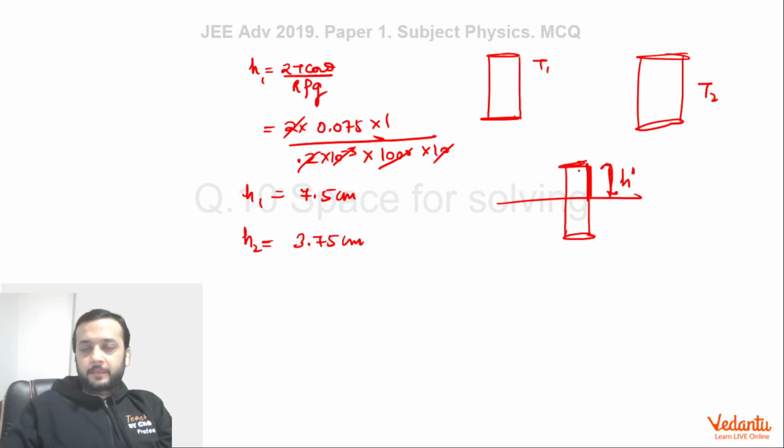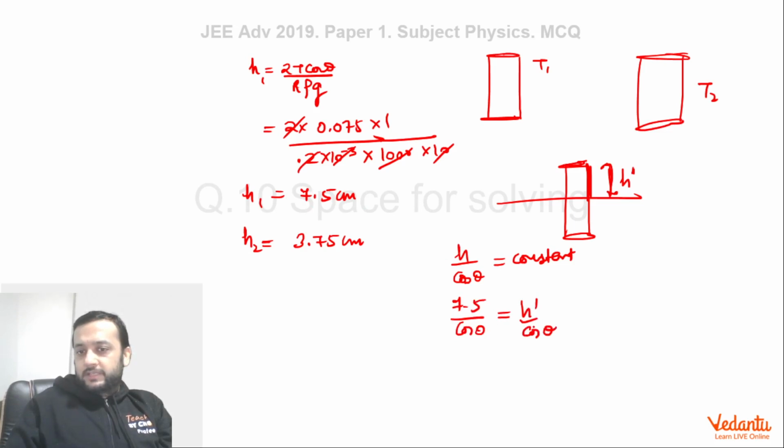T, r, rho and g are constant, 2 is also constant, so basically H by cos theta is a constant value. So we can say 7.5 by cos of 0 equals h dash upon cos of theta. This will be the new angle of contact. By using this formula, you can find the new angle of contact also if you want.